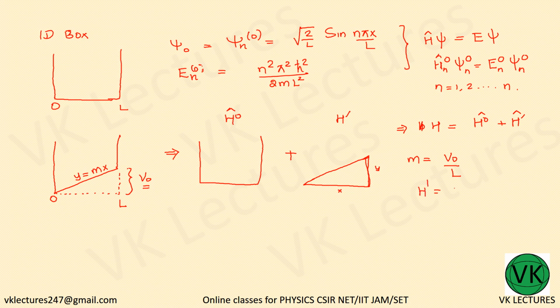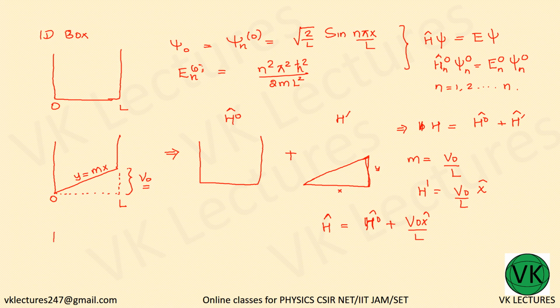H dash is equal to V naught by L into x. So our new Hamiltonian H is equal to H naught, the unperturbed Hamiltonian, plus the perturbed one, that is V naught x by L.